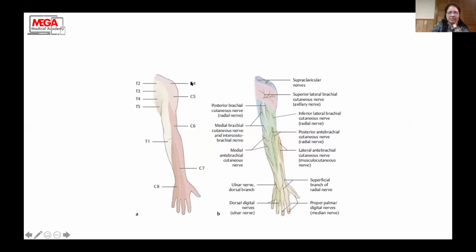Same thing here: here are dermatomes, and here are peripheral nerves. This is the supraclavicular nerve, and these are some cutaneous branches, and these are branches from the musculocutaneous nerve, and so on.